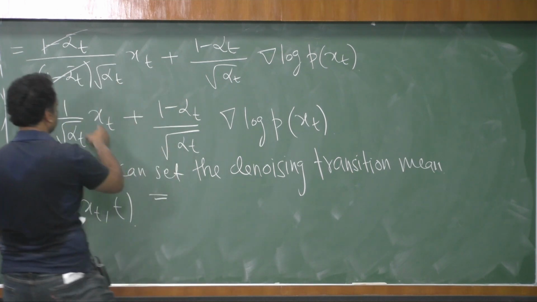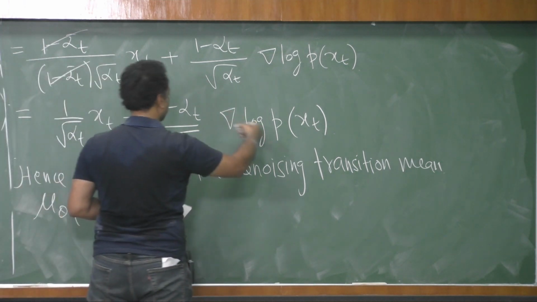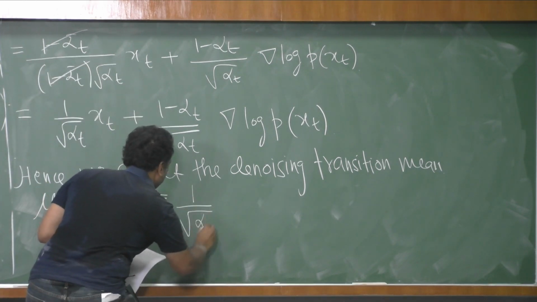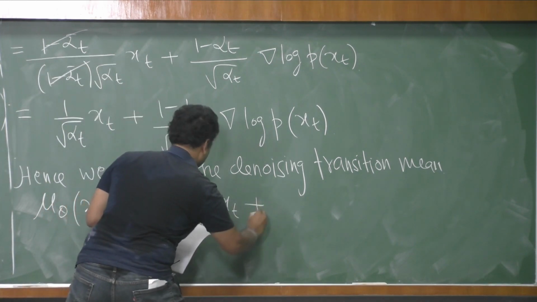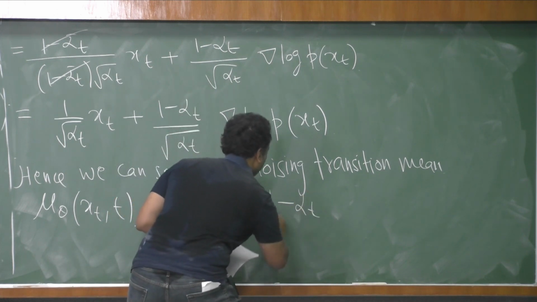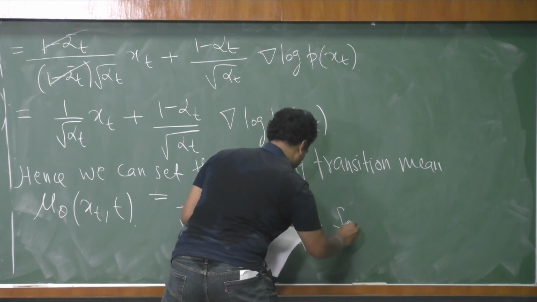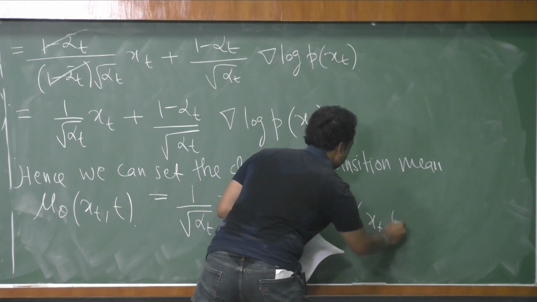As usual we keep the first term, we keep the coefficient, and we try to predict this. So then we will get 1 by square root of alpha t, xt, plus 1 minus alpha t by square root of alpha t, s theta(xt, t).